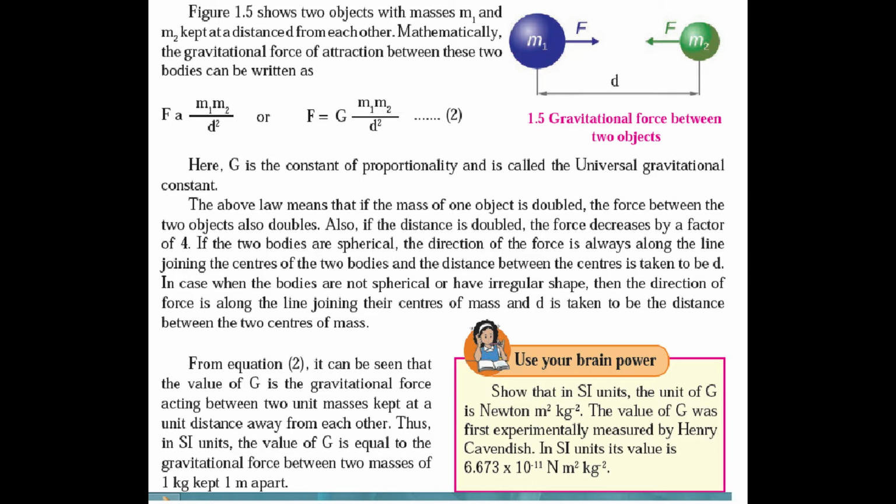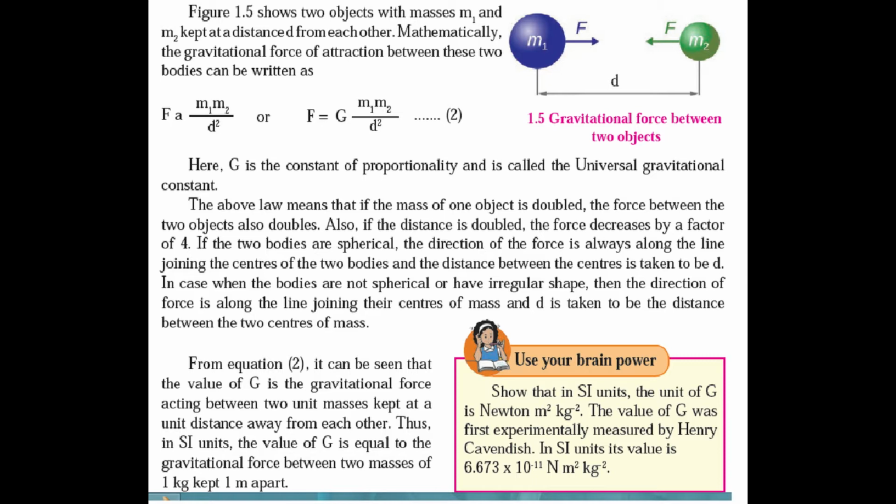Mathematically, the gravitational force of attraction between these two masses can be written as F proportional to m1 m2 divided by distance square, or F is equal to G, which is a gravitational constant, also known as universal gravitational constant, times m1 m2 divided by distance square.